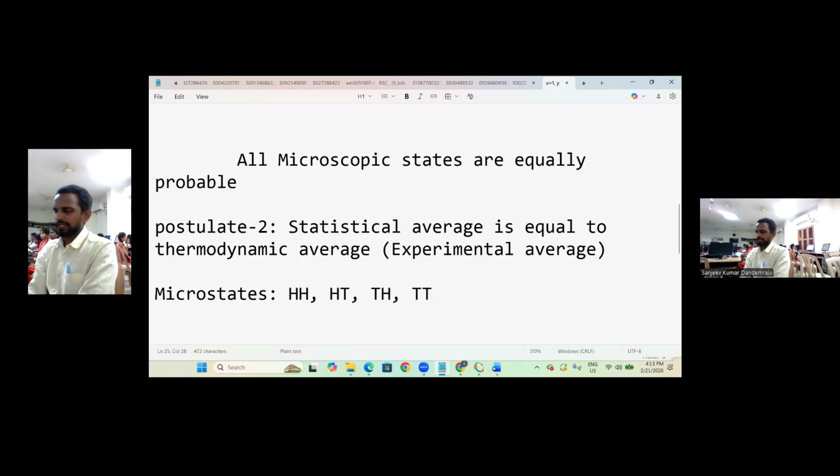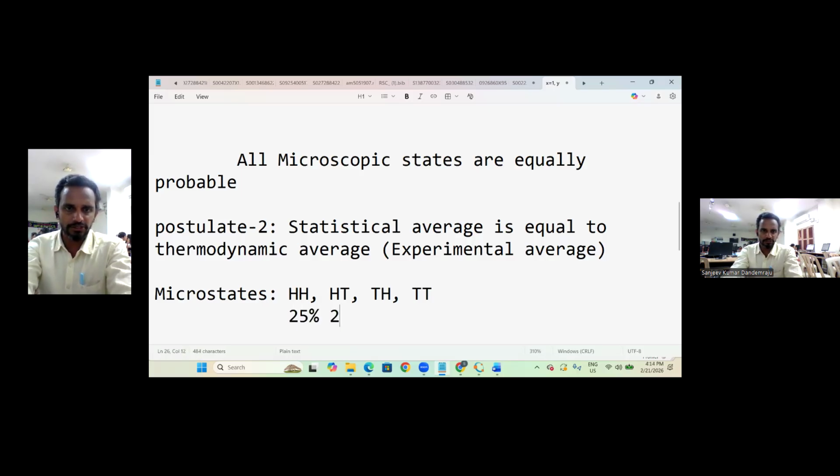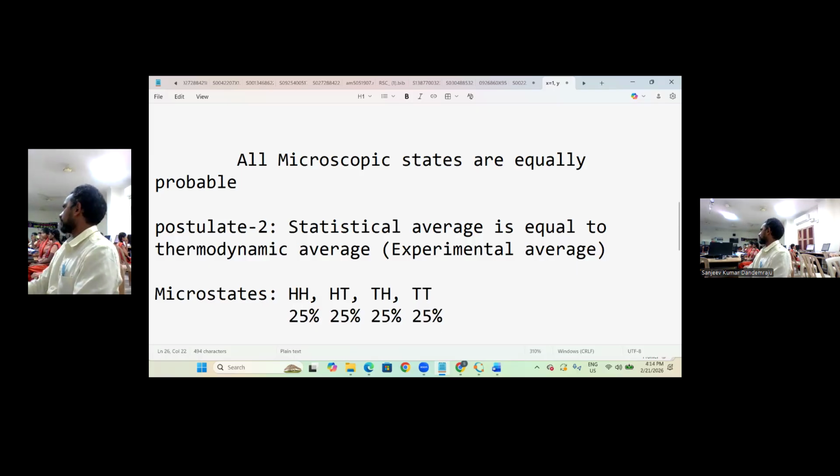These are the possible microstates, each with a probability of 25%. This also 25%. This 25%. So all microstates are equally probable.